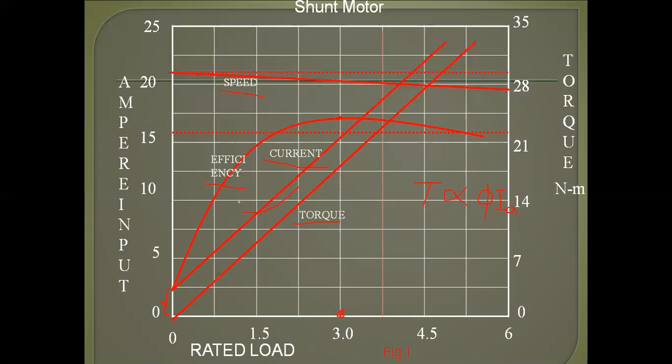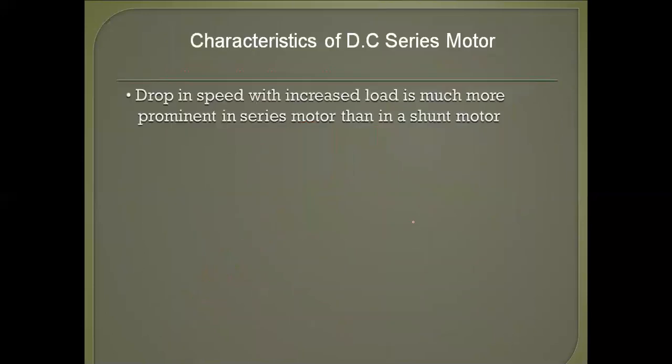When a motor is required to start heavy loads, series or compound motors are used. And this is the performance characteristics of a DC shunt motor for torque, current, efficiency and speed.